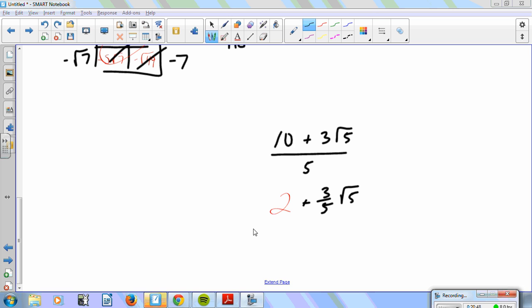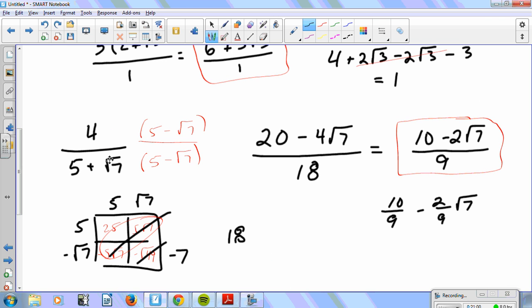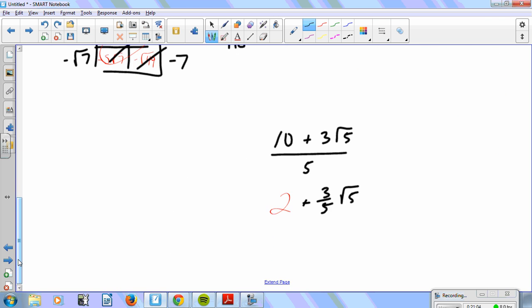So this is how we deal with this idea of conjugates. The only thing that changes is the sign in between the numbers. Really the only thing that changes is the sign of the radical. We don't change the sign of the whole number. So if someone wrote it like this, the square root of 7 plus 6, the conjugate really is negative square root of 7 plus 6.